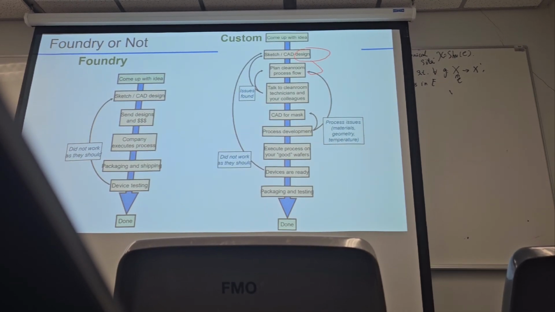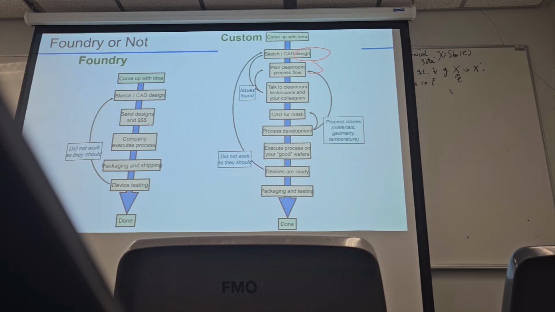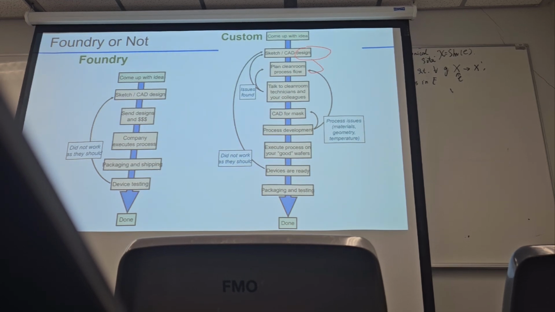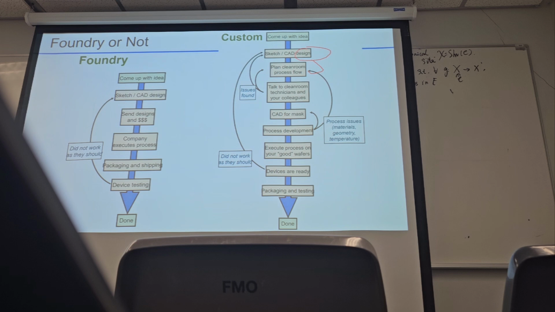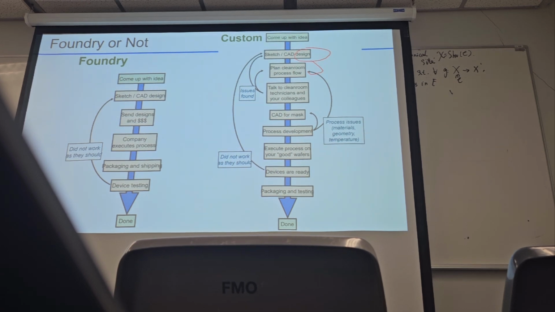You need to design the fabrication process flow to tell the staff in the clean room how to fabricate, and then discuss with the technicians. Then, once the fabrication process flow is confirmed, you can draw the mask.